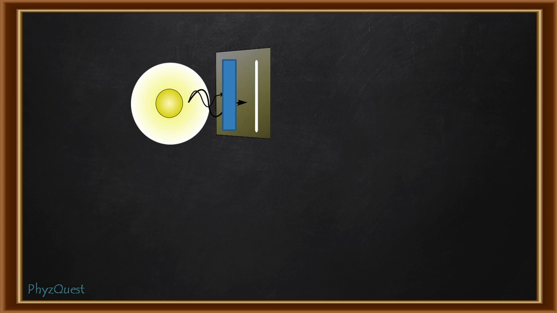So first of all, we have to understand what a filter does. The function of a filter is that it selectively transmits light in a particular range of wavelength. That means a particular color of light will transmit while the rest of the colors are absorbed.